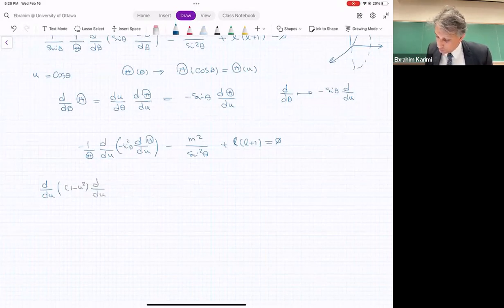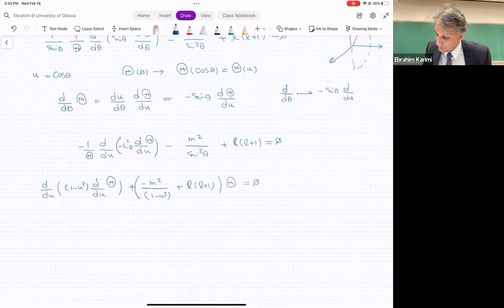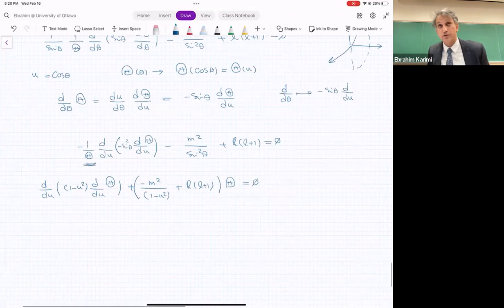D du of theta minus m square divided by 1 minus u square plus L times L plus 1, and the entire of this will be multiplied by theta equal to 0, because the theta is in the denominator, which I have to multiply. They call that the modified Legendre differential equation.